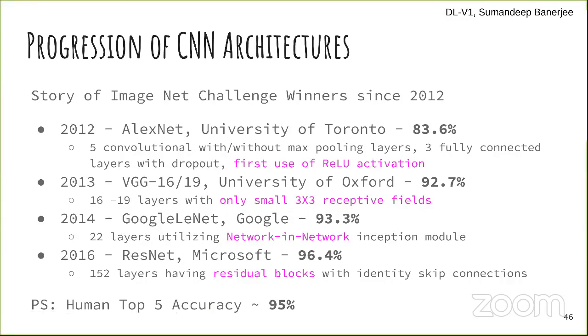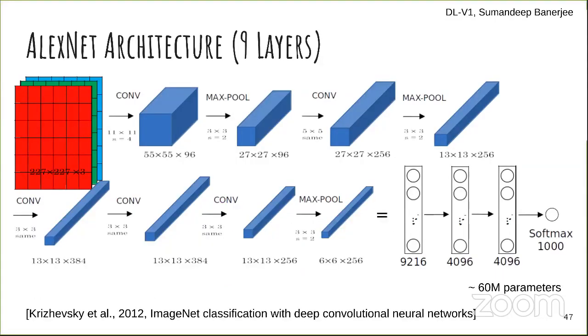So ResNet basically beat the human performance for the first time, I think, in the history of machine learning. Again, it came at a cost: 152 layers has its own challenges of training and then using. So we'll quickly discuss each of these architectures, what key innovations each brought, and what we can learn from this to solve our own future problems.